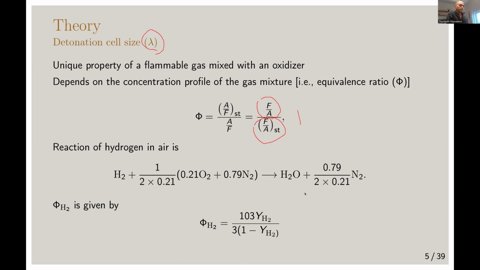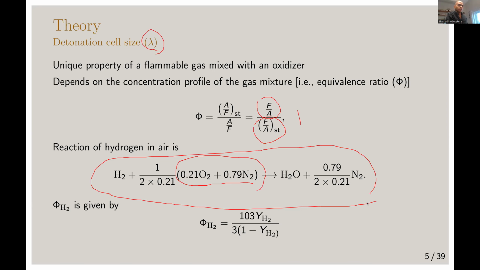And here I have focused on the reaction of hydrogen in air. So I take normal atmospheric air as the oxidizer, and that is also the experimental data that we have for this purpose. I think everyone knows this, but I have included the reaction just to refresh.